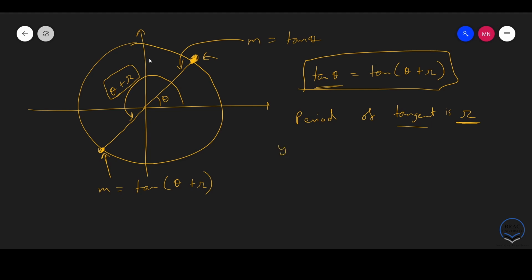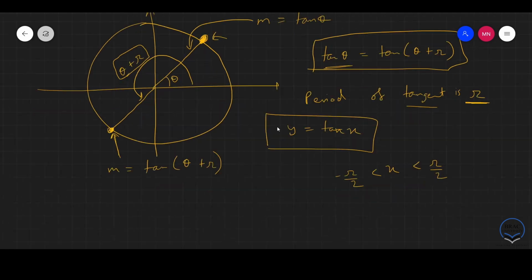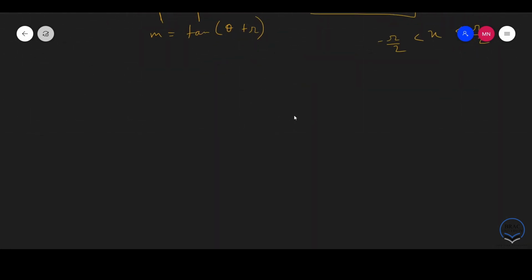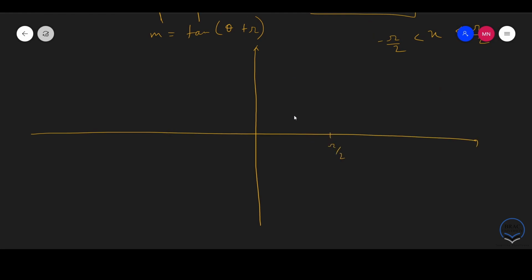So from this we can try and graph y is equal to the tangent of x. And the first thing we can do is graph a single period. So if we consider x to be less than pi by 2 but greater than minus pi by 2, let's say this is pi by 2 and this is minus pi by 2.